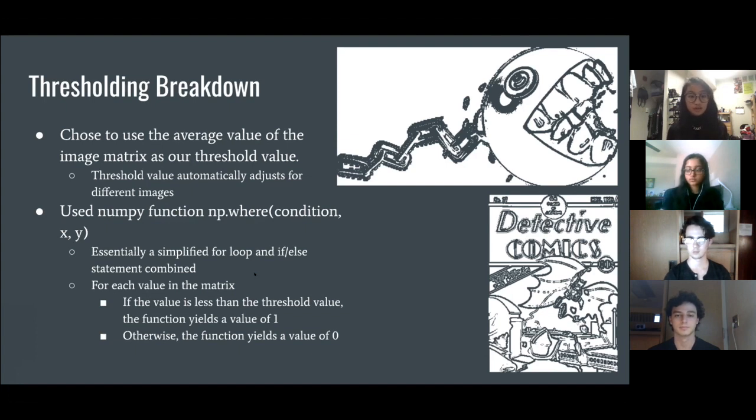So for example, ours was if the value of the matrix is less than the threshold value, then the function will yield a value of 1. Otherwise, it'll yield a value of 0. It goes through the entire matrix and finds all values that satisfy this condition, and of course gives it a value of x or 1 if it does satisfy the condition, and gives it a value of y or 0 if it does not.